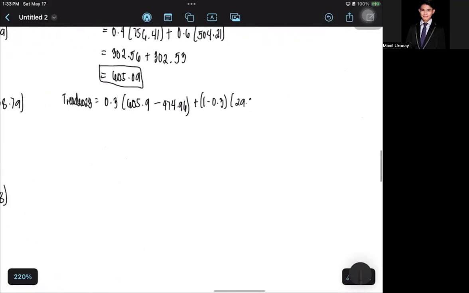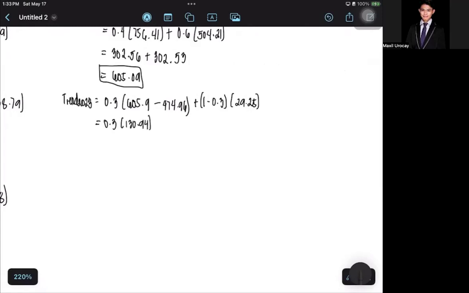So calculating here, 0.3 times 605.09 minus 474.96 will equate to 130.94.